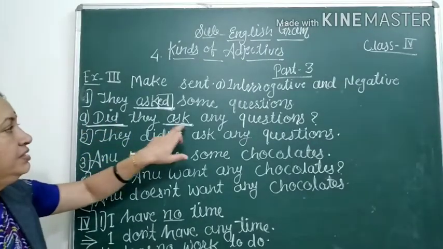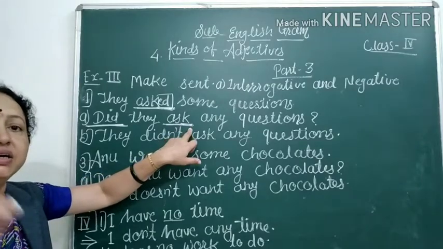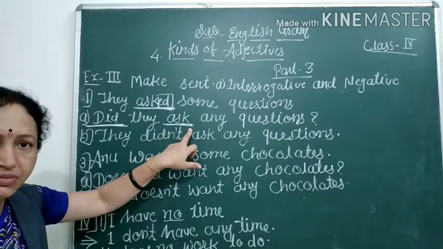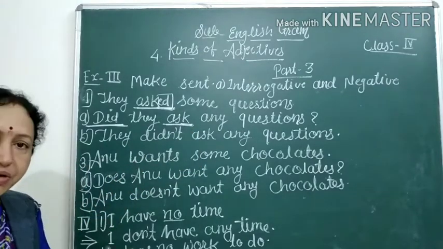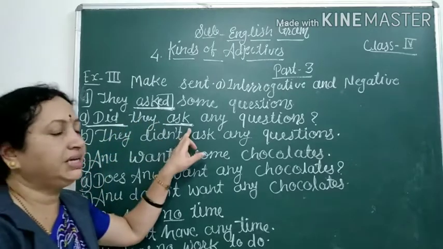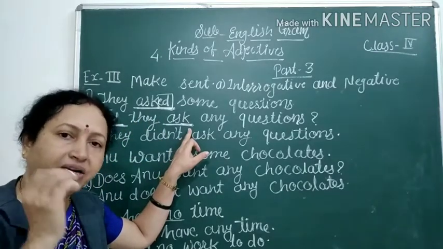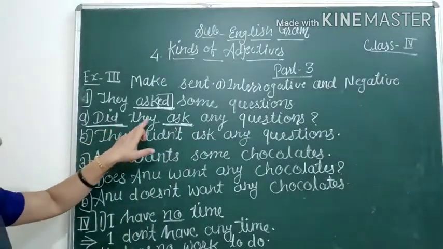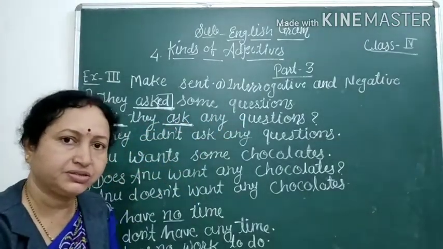So with did, don't write ed again or any past form. Okay children, always remember this thing. With did, don't use any past form of that verb. So here is the sentence, did they ask any questions?